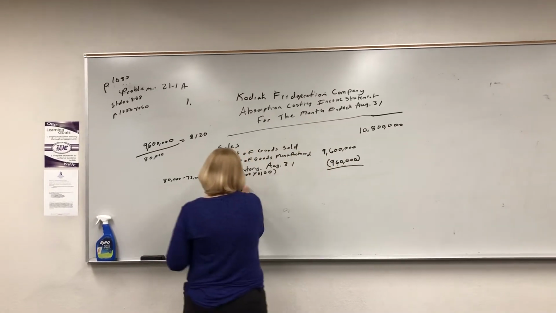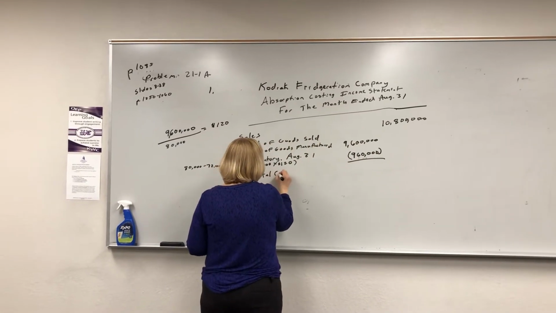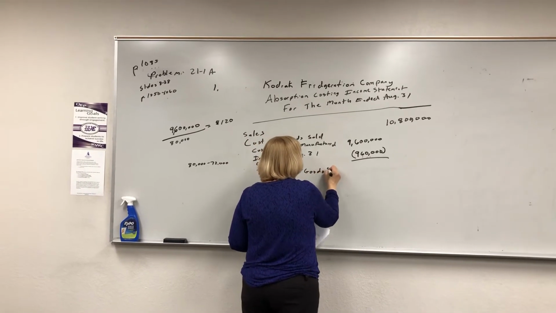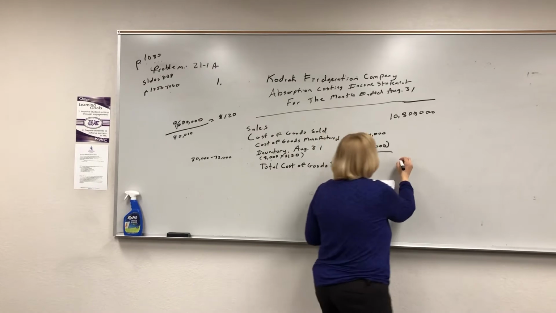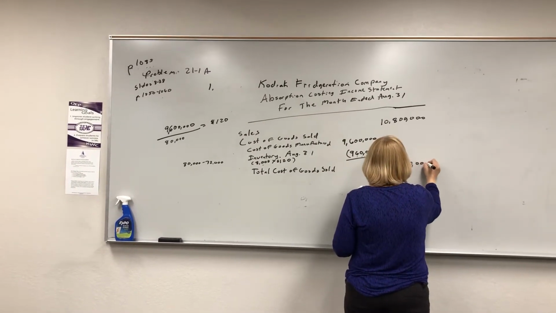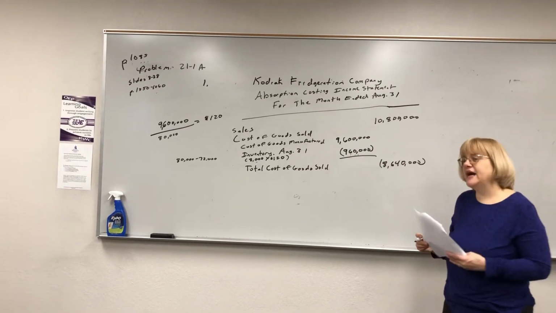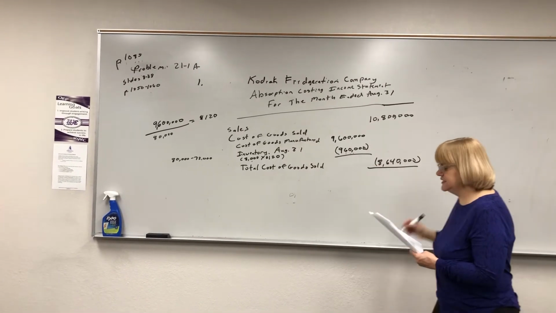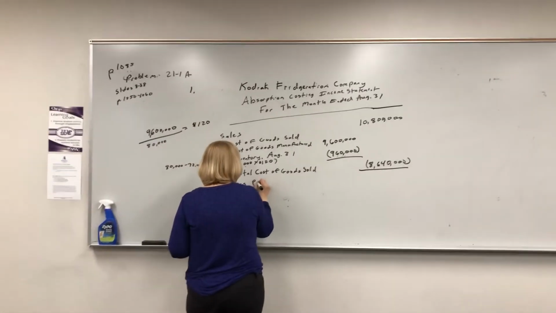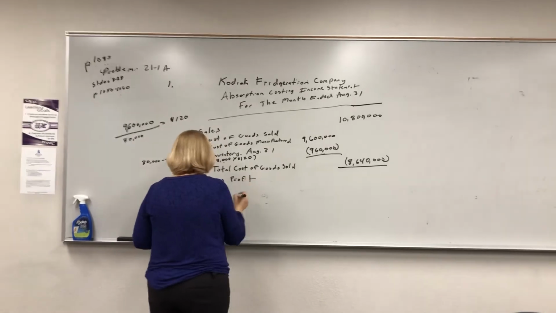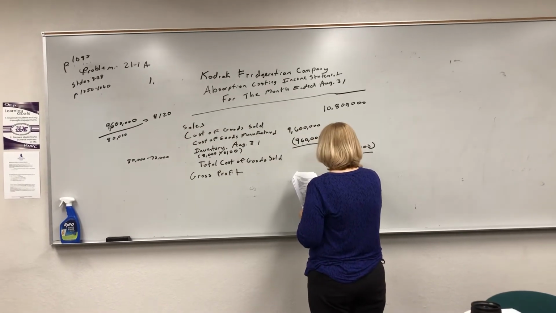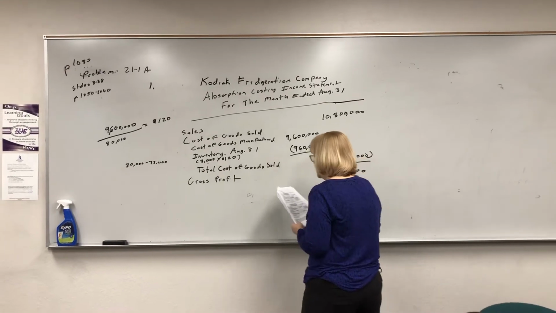So our total cost of goods sold is $8,640,000, which we subtract from sales to get our gross profit of $2,160,000.